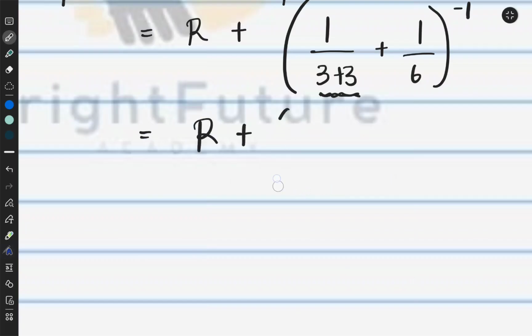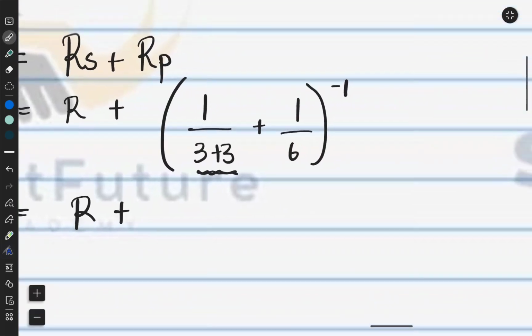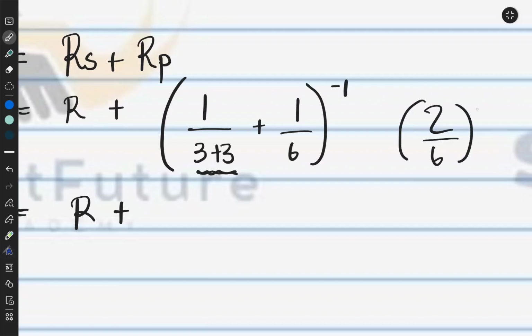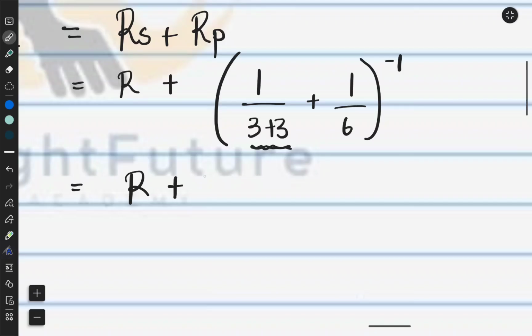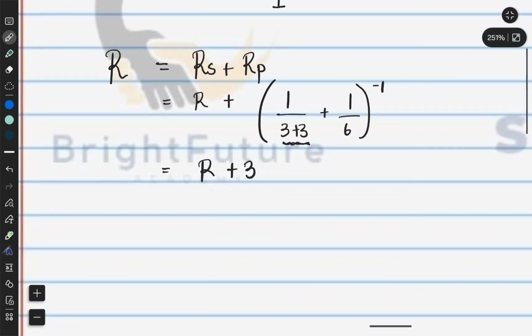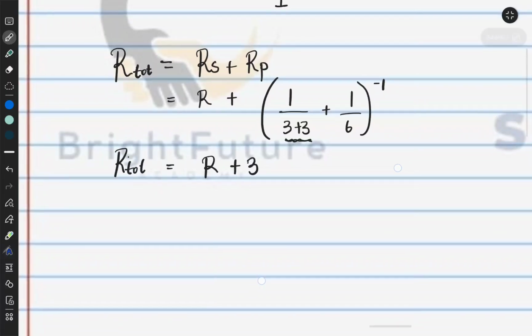This should be what? 2/6, right? Like this, and then that's simply 3. R plus 3, okay? So this is my total resistance. My total resistance, let's call it R tot, right, is R plus 3.